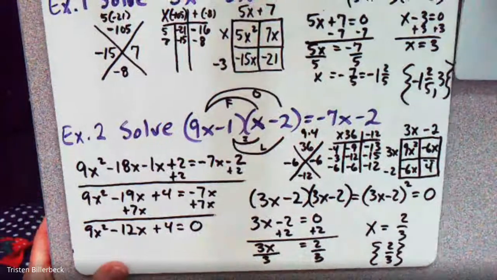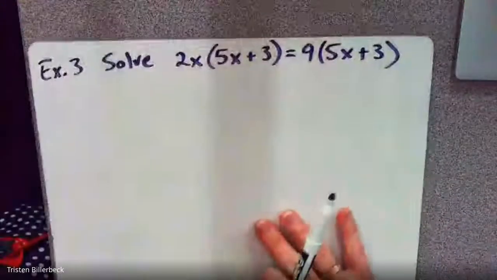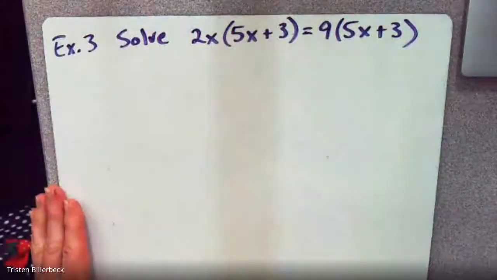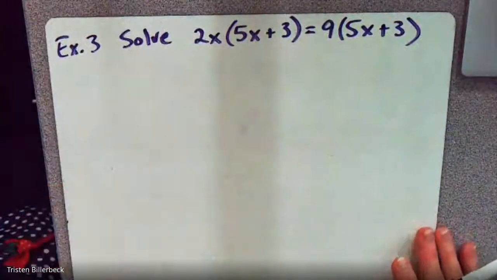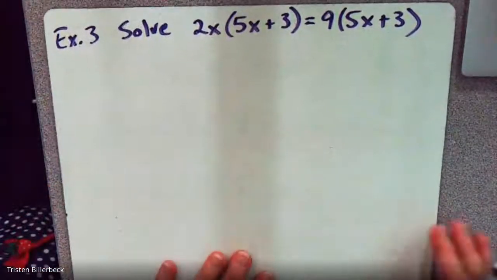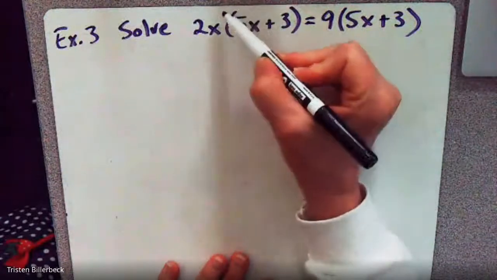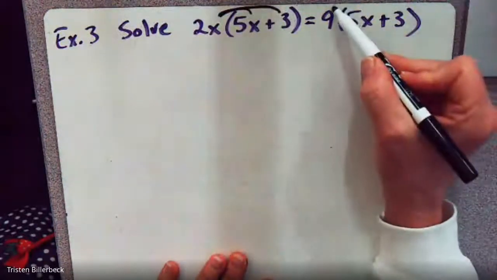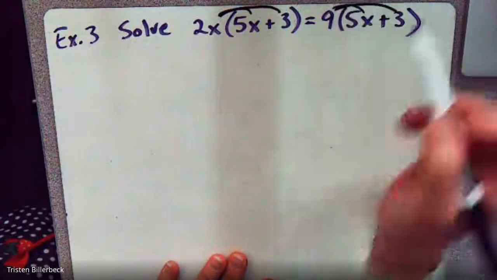All right, let's look at our last example. This is a practice in distribution and using inverses. So we distribute this 2x to both of these and this 9 to both of these.